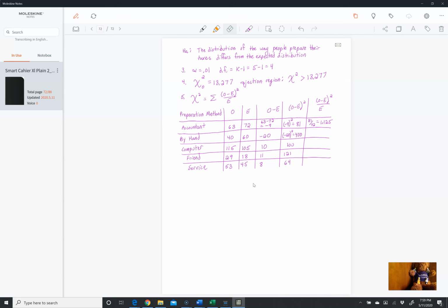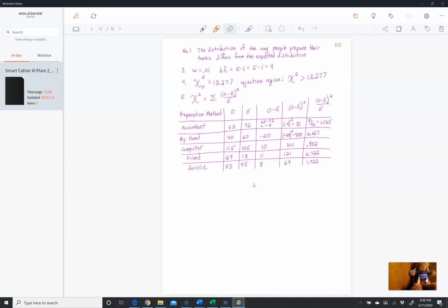Here, it would be 400 divided by 60, which gives us 6.667. 100 divided by 105 gives us 0.952. 121 divided by 18, 6.722. And then 64 divided by 45 gives us 1.422.